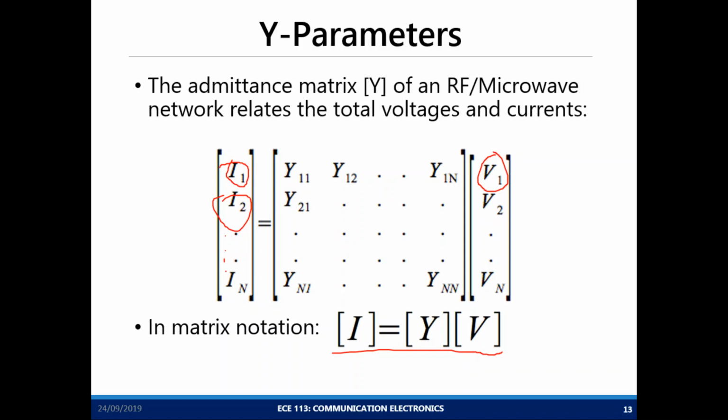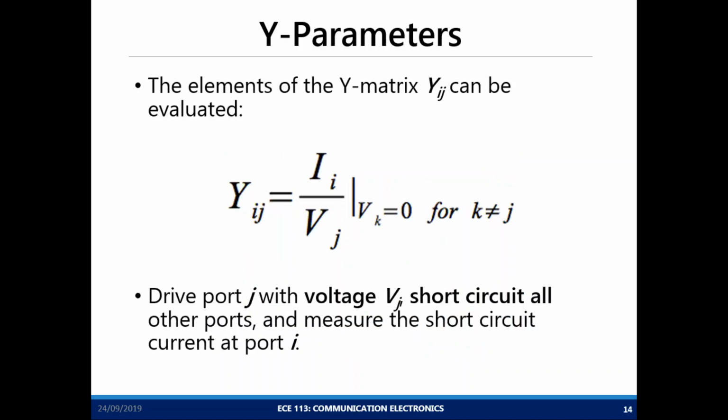To solve for the individual elements of the admittance matrix, you just force the voltages at each of the other ports that is not port J to be 0, and that is a short circuit.